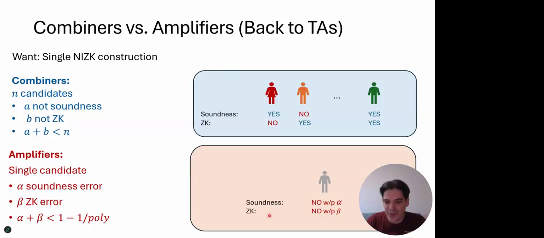It has some zero knowledge deviation with error beta. Right? In both cases, of course, we want to get a single NISQ construction out of these things. But the situation seems somewhat different. Still, we could ask, can't we move from this notion to this notion? Can we reduce the problem of amplifiers to the problem of combiners?